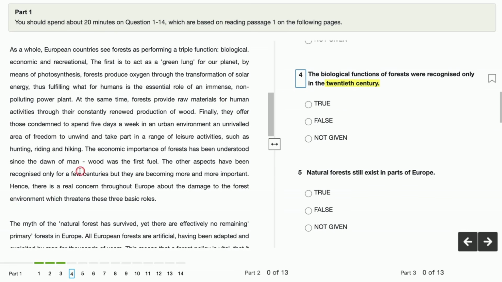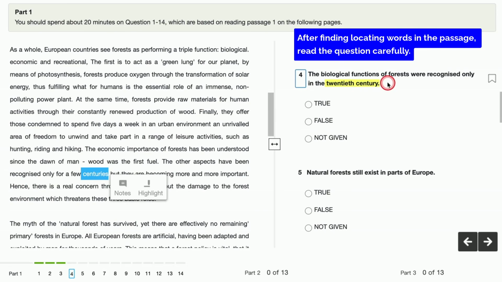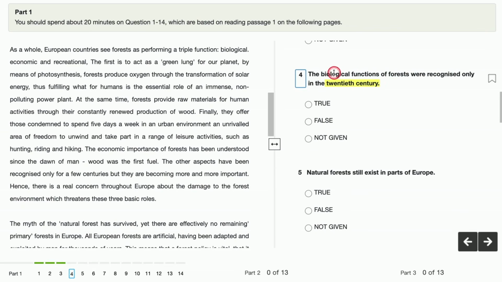But here it does mention centuries, so maybe this part contains the answer. Let's read the question again. This time read it carefully. The biological functions of forests were recognized only in the 20th century. This question is about biological functions of forests, right? Now let's read the text and see if it mentions biological functions. The other aspects have been recognized only for a few centuries, but they are becoming more and more important.